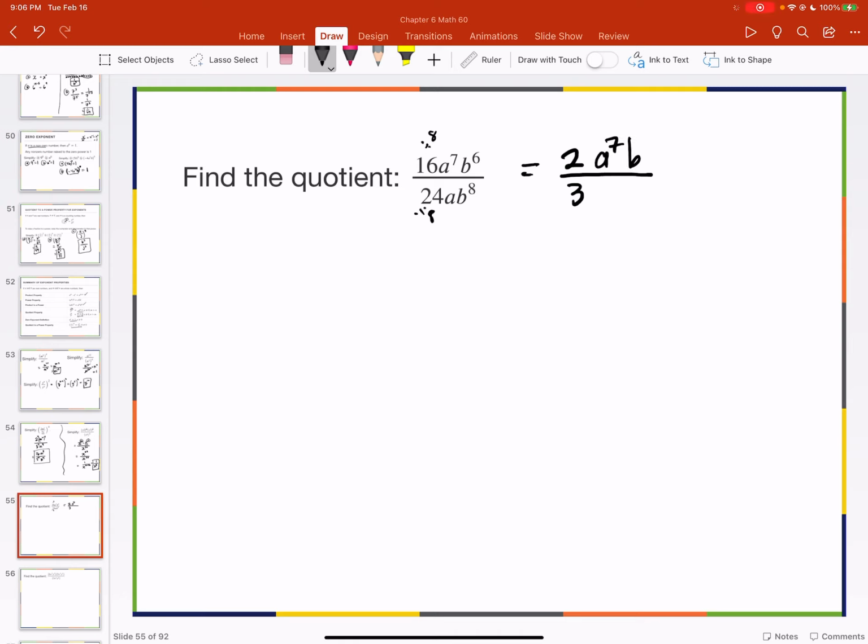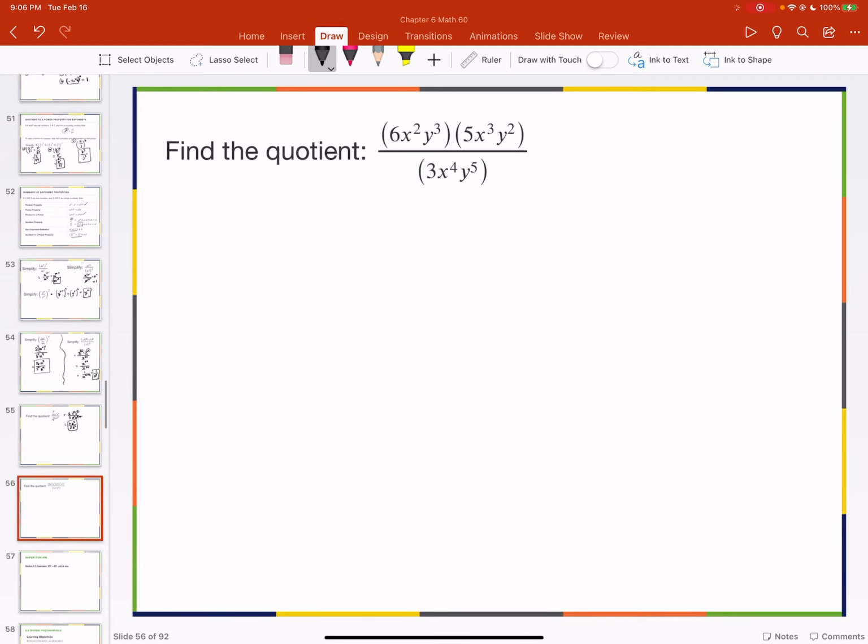A to the power 7, b to the power 6, b to the power 8. So then it's going to be 2/3, but here it's top minus bottom because it's 7 minus 1, so it's going to stay at the top. A to the power 7 minus 1 is 6, so that takes care of this. And then here I have 8 minus 6 is 2, but the larger one is in the denominator, so that's going to be b squared.